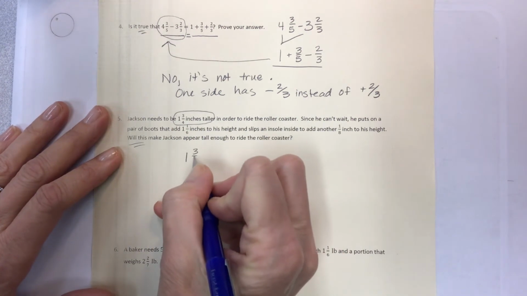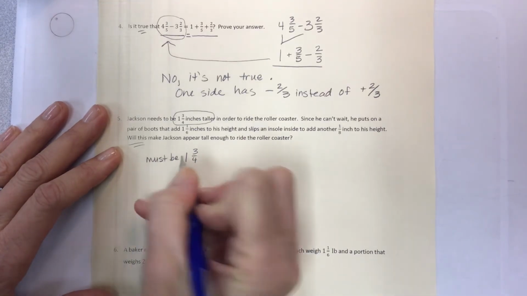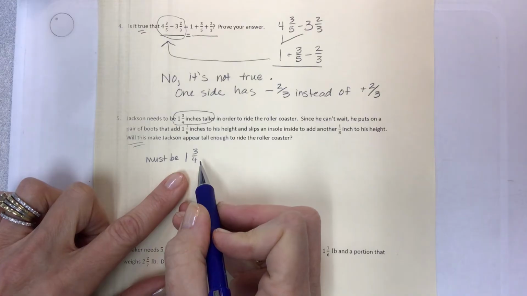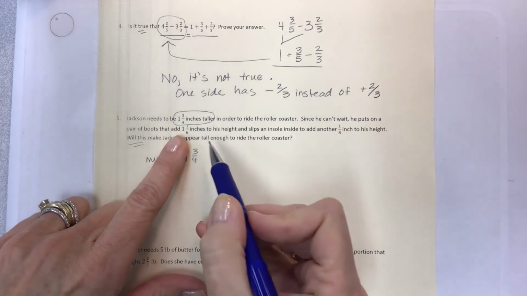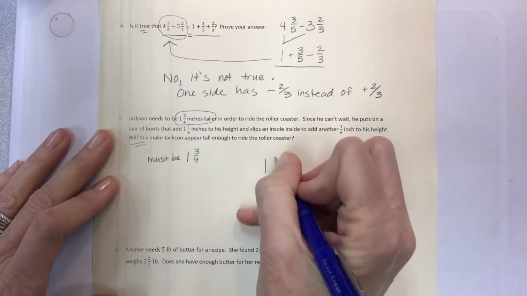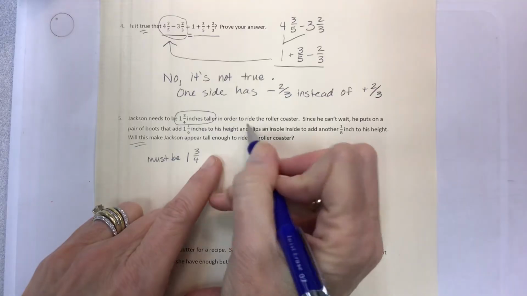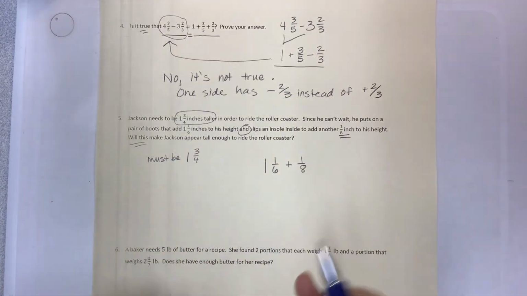1 3/4 inches taller. So he must be the 1 3/4 inches. So what I need to do is look at the things that he's doing to make himself taller. 1 1/6 and the 1/8.